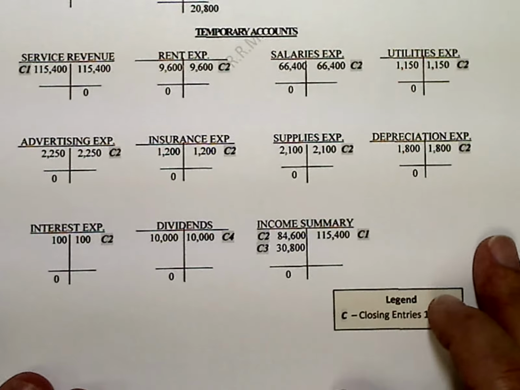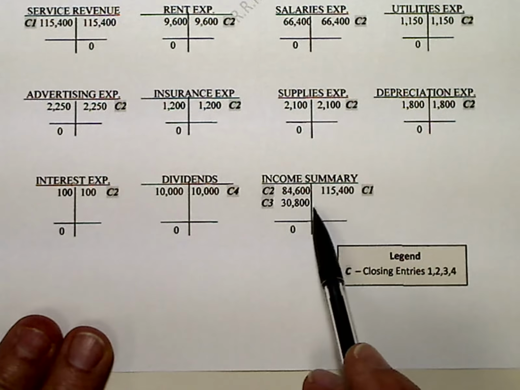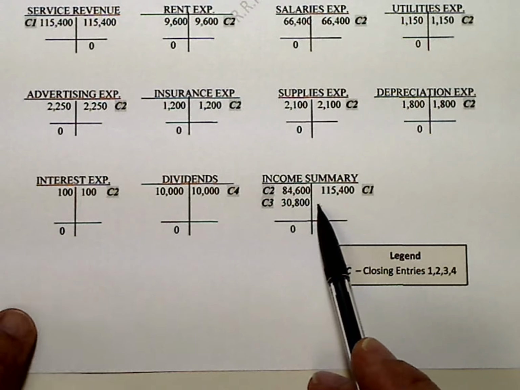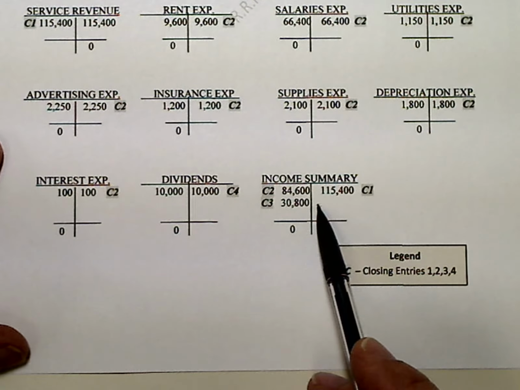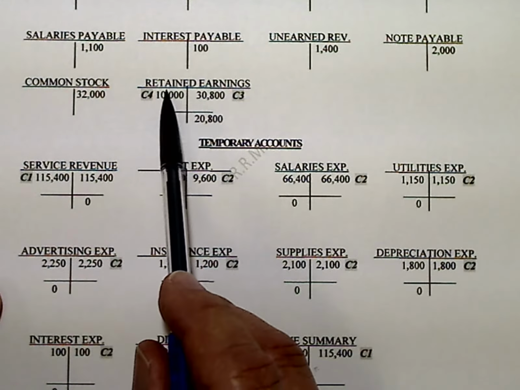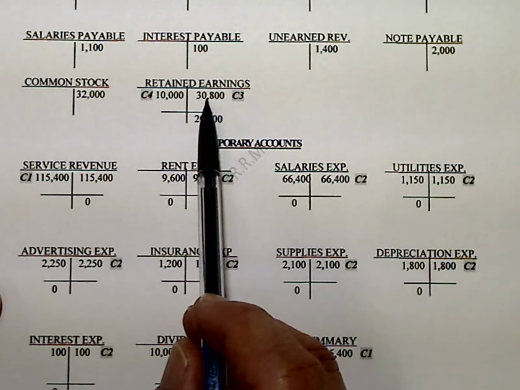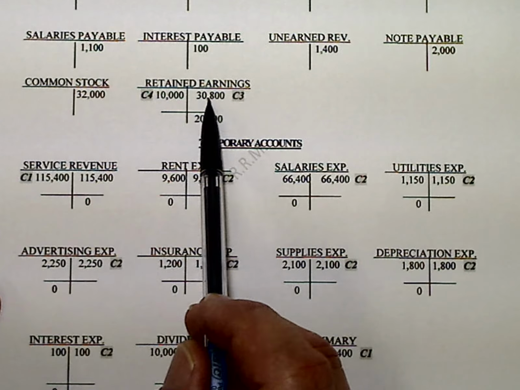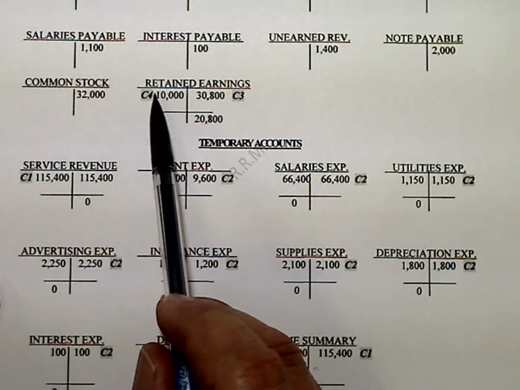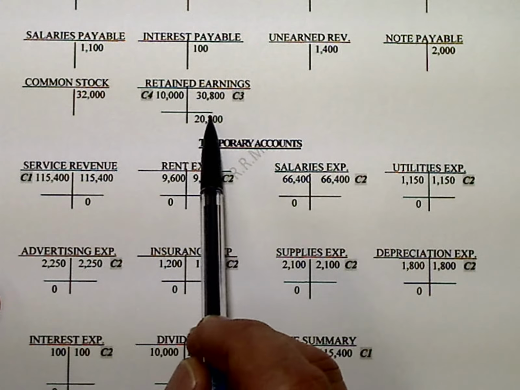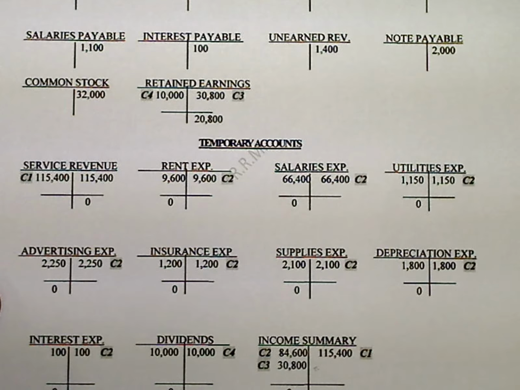Okay, let's see. Here's the Income Summary that I penciled in for you on the previous page. Oh, here's retained earnings right here. Here is closing entry 3, credit to retained earnings, debit to retained earnings when we closed out the dividends. Okay, account balance.